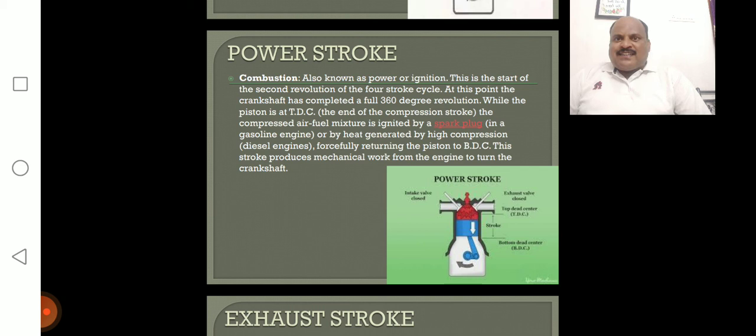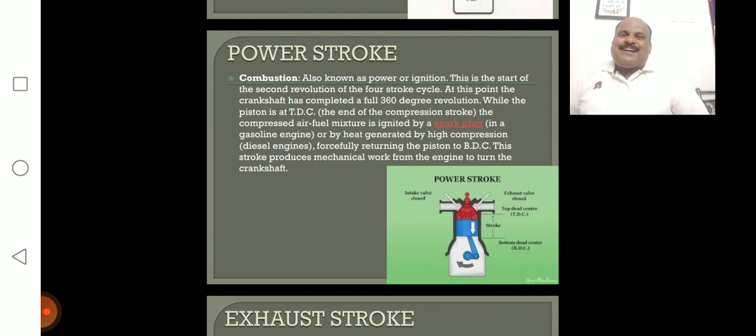At this point, the crankshaft has completed a full 360-degree revolution, while the piston is at TDC, meaning the ending of the compression stroke.